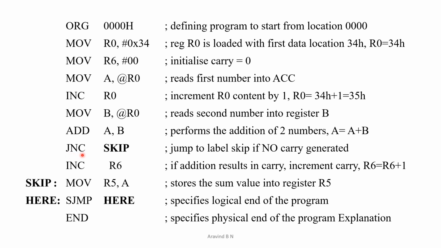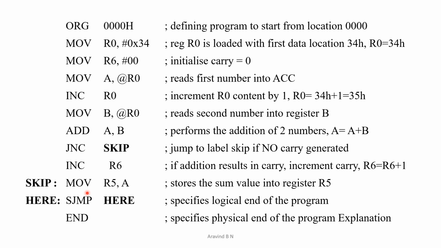Jump if no carry to skip. That means if the result is not greater than the FF value, then carry will not be generated. Then we need to move to this skip label, to this instruction.